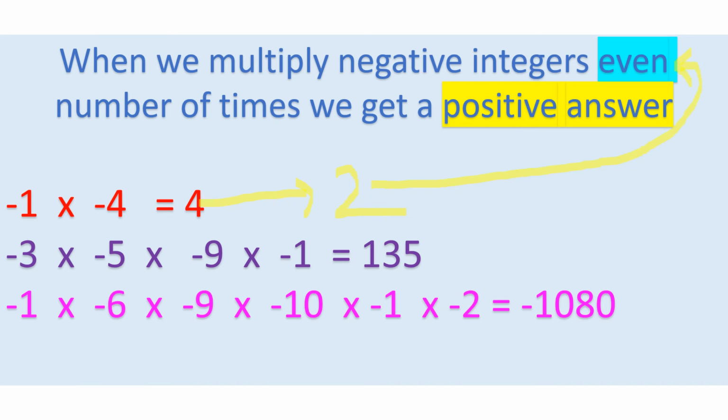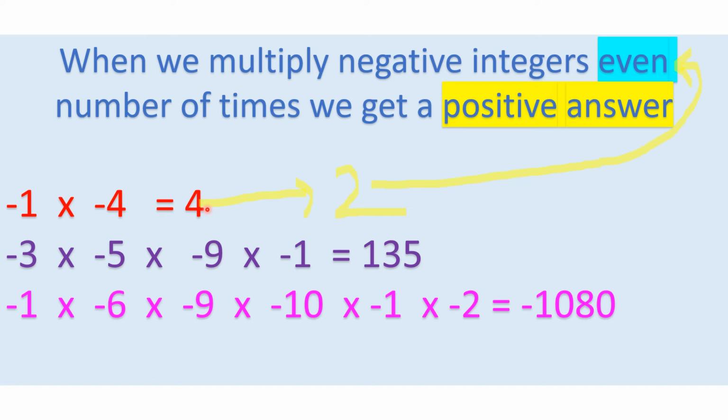So that is why we have a positive answer. According to the rule, when we have an even number of negative integers multiplied, we get a positive answer.